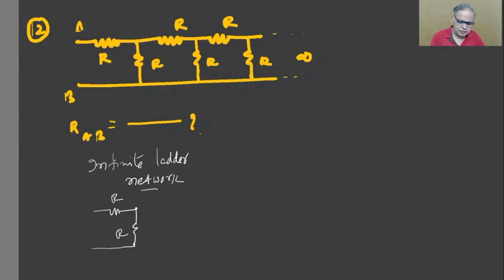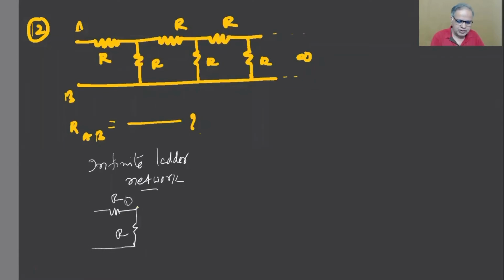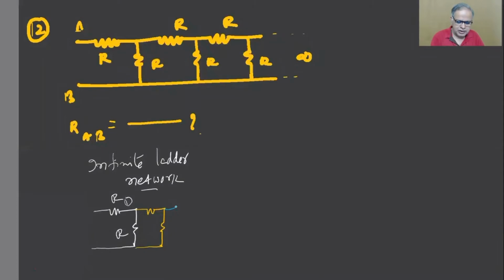This is the first cell, the first unit. This is the second one. I'll put it in a different color to differentiate between the units. This is the next one, and then another one.